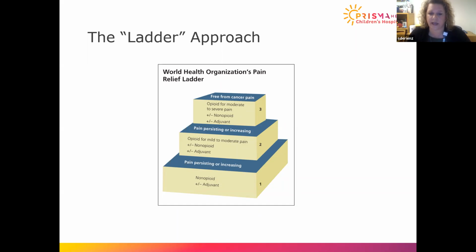And then as you go up the scale, your pain management needs to be more aggressive, and you may have to branch out to other agents as well. So this is just a good depiction of how we really should always use a stepwise approach, and looking at that mild, moderate, and severe pain, and what other things could be influencing that pain or could be causing that pain.